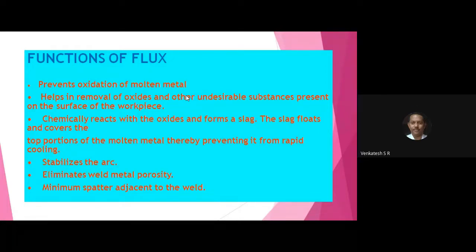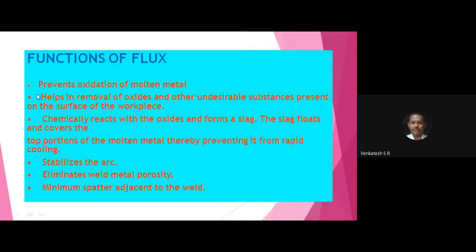In that state, the metal has a tendency to react with the atmospheric air. Due to that reaction, oxide is formed in the joint. That can be avoided by using the proper type of flux in the coating, which covers the joint with the slag. That is the main important point, so that you can avoid oxidation of the joint.